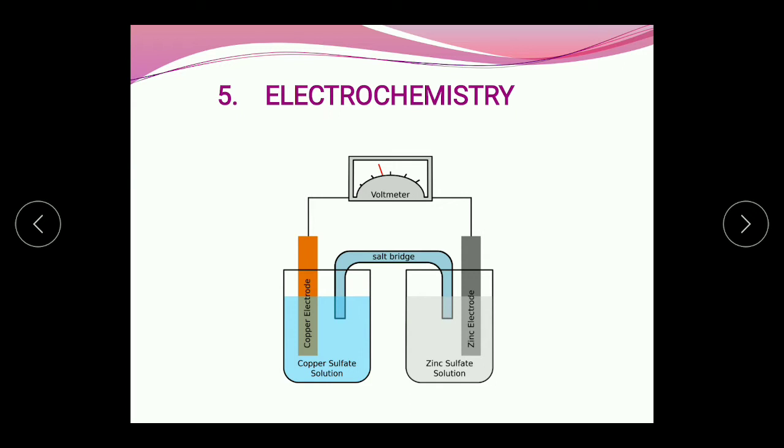What is it? The electrode potential, if it is measured under standard conditions of concentration and temperature, it is called standard potential. And what are those standard conditions? If a solution is taken, the concentration should be 1 molar.